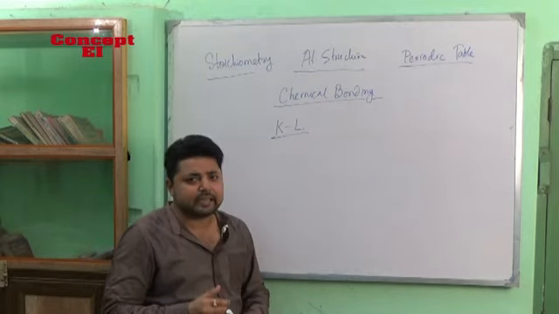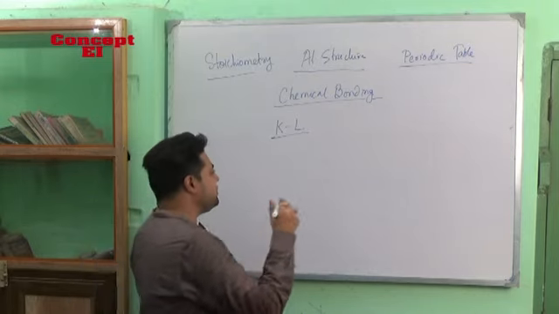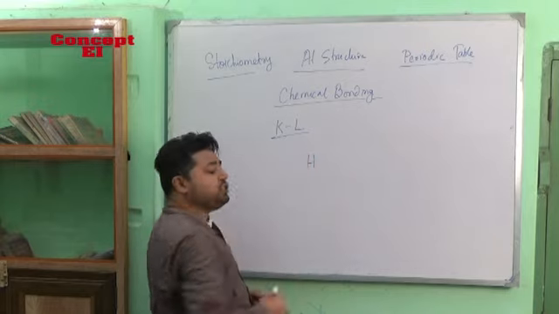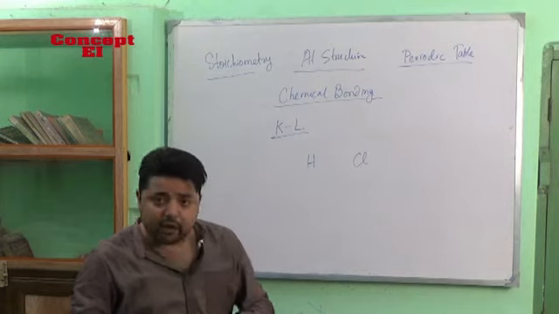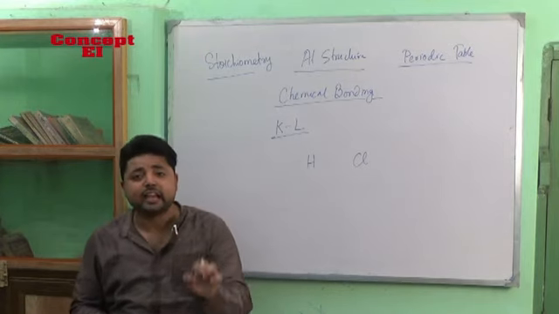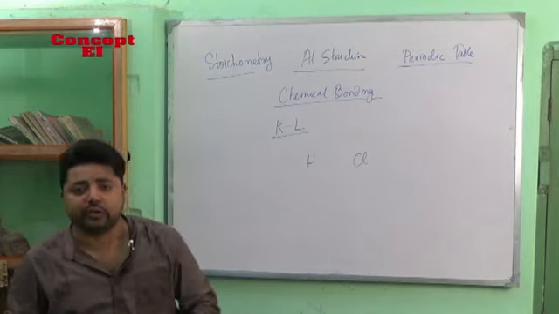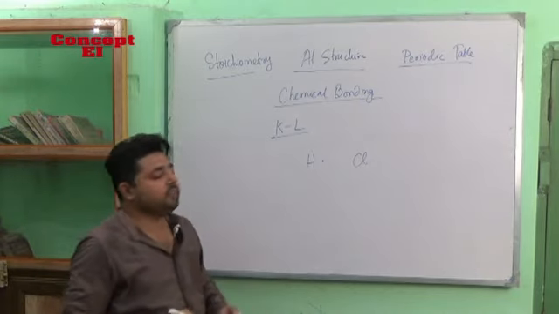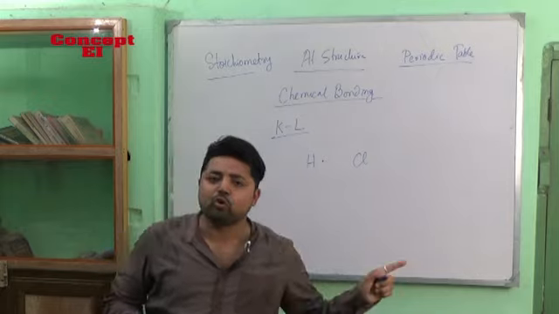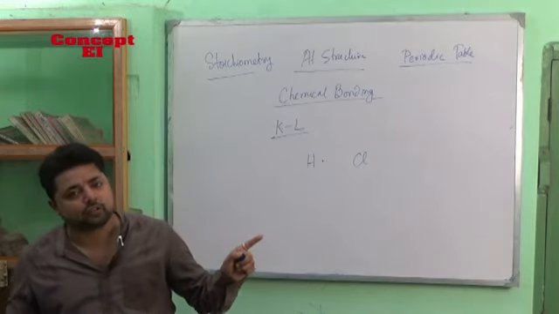Take an example like HCl. Suppose I have drawn a hydrogen here and a chlorine here. Now we have to know the atomic number of hydrogen and chlorine. The atomic number of hydrogen is 1, so it has 1 proton and 1 electron.